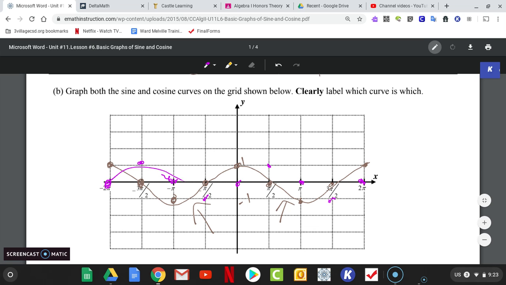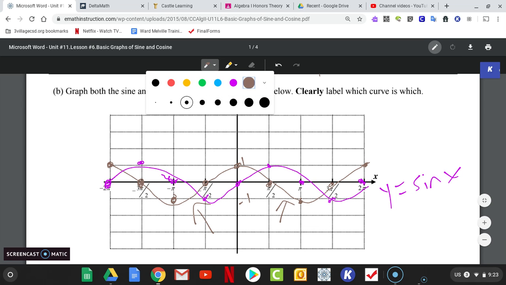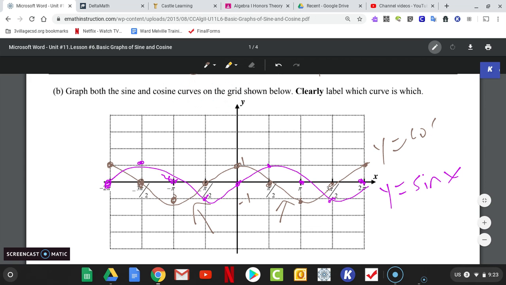And you'll see the sine function looks something like that. The sine and cosine functions pretty much look like the same thing, except one is shifted over. So the brown one was y equals sine x, and the brown one was y equals cosine x. Okay, there we go.